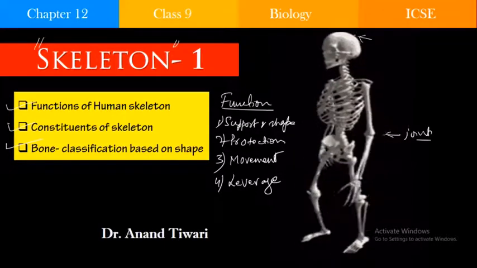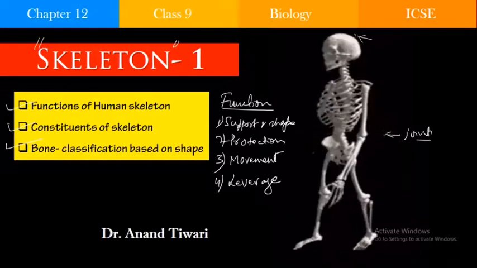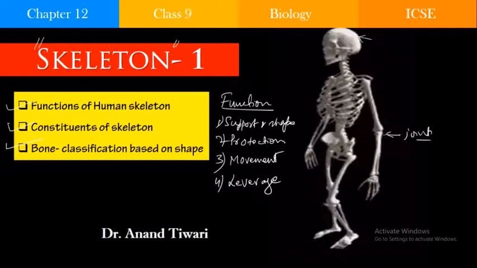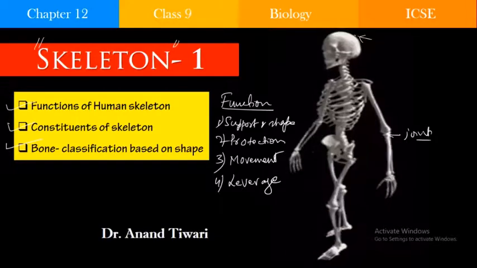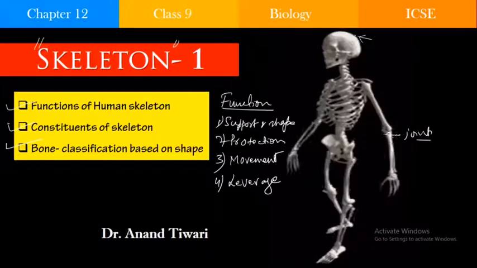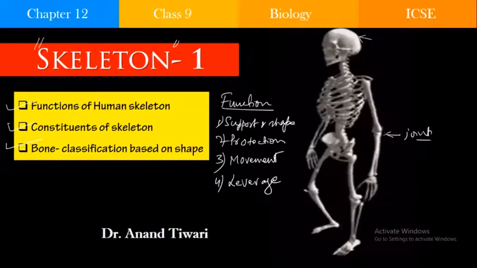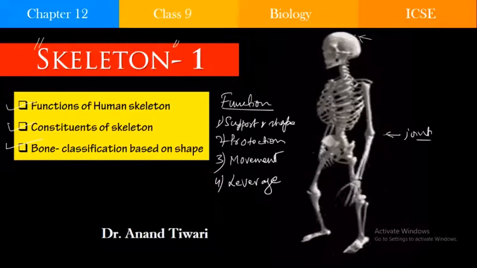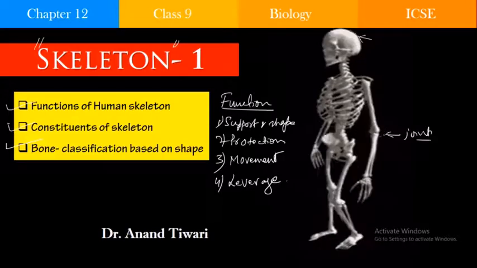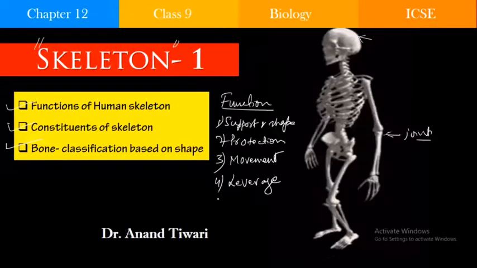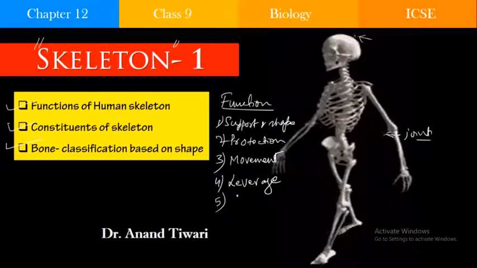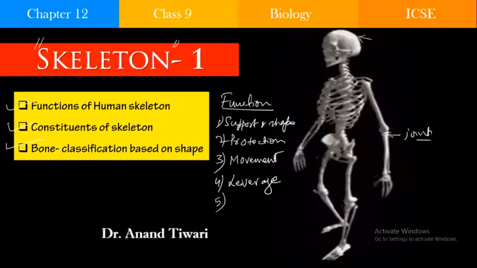In sport activities, when we want to throw a discus or shot put, with less movement of the muscle you are able to achieve a greater target and generate more force. That is how the organization of the bones helps in leverage. We will be discussing that in the next part of this chapter.